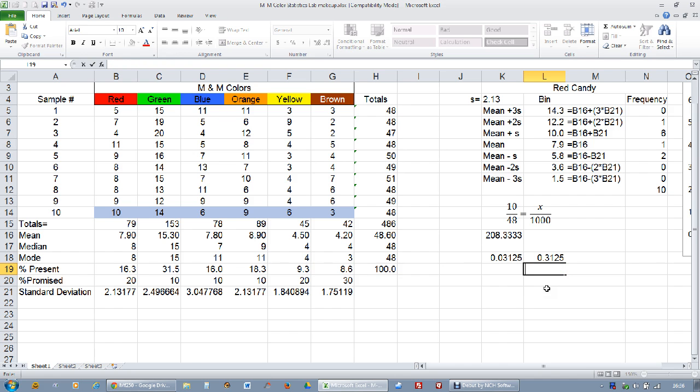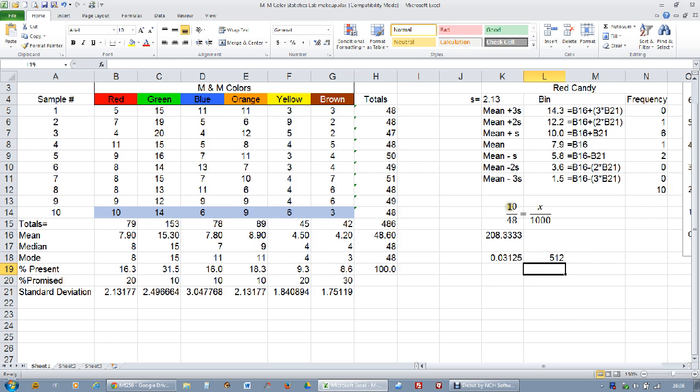How many M&Ms in a pound? There's 16 ounces in a pound, so if we do 16 ounces divided by 0.03125, we'll get 512 M&Ms in a pound.